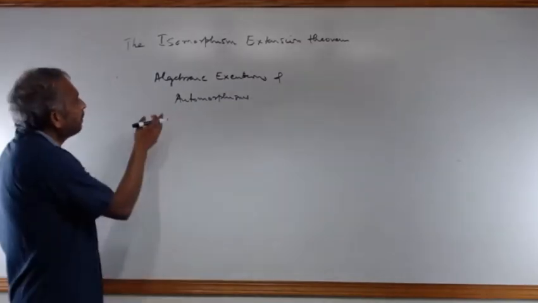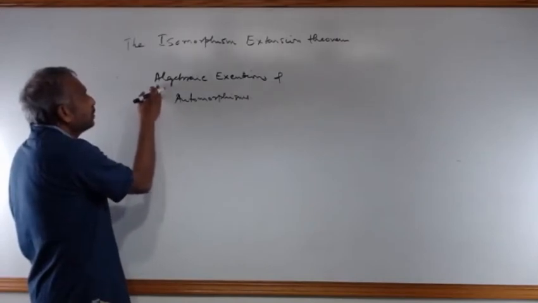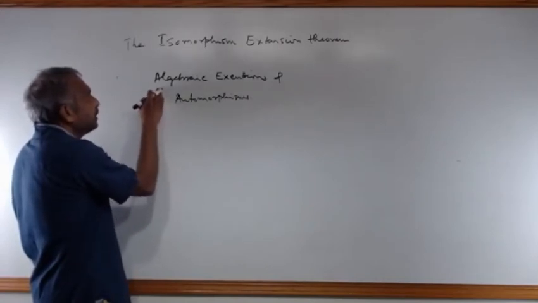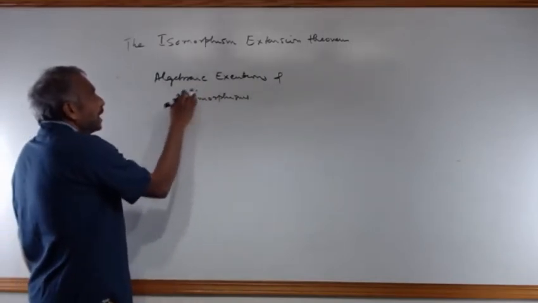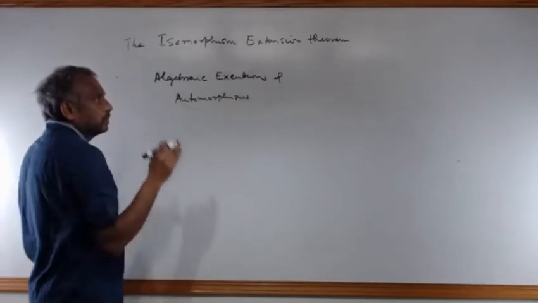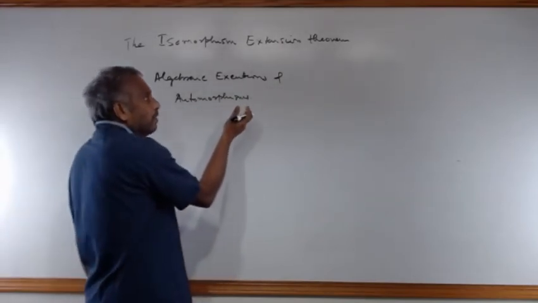And finally, what we are going to do is to establish a nice relationship between algebraic extensions and the group of automorphisms. And that's what Galois theory is all about.